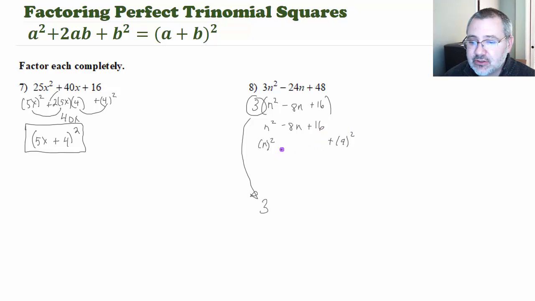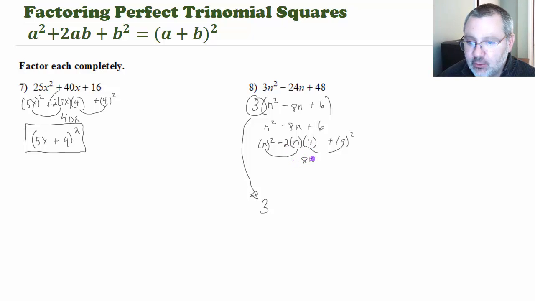And finally, is the middle term, I bring down this minus, is that middle term 2 times n times 4? If it fits this middle pattern here, negative 2 times n times 4 is in fact negative 8n, which is what we want to have happen. If this pattern does not multiply to give you this middle term, you cannot do this special factoring strategy. You might have to try another strategy.